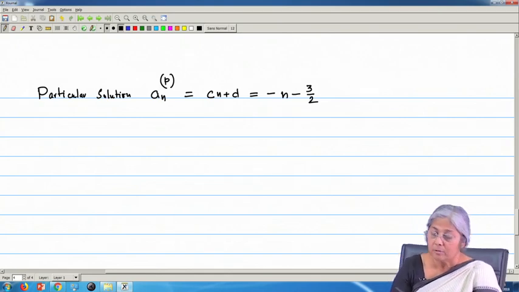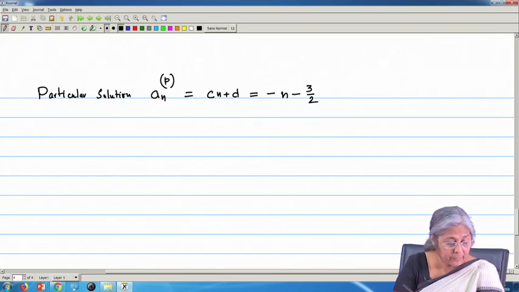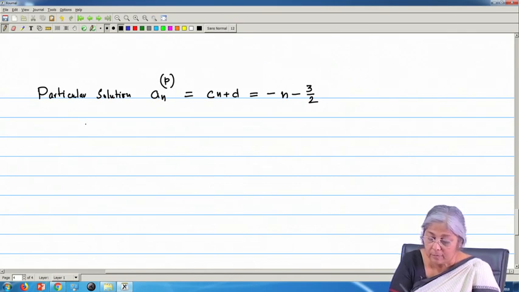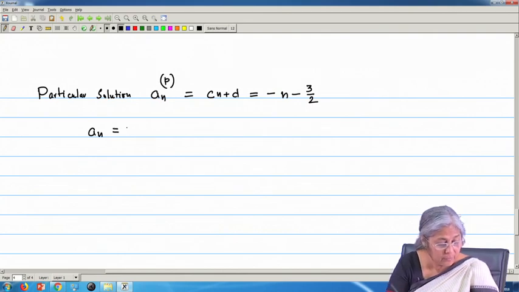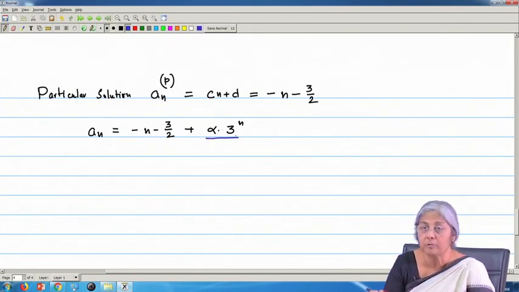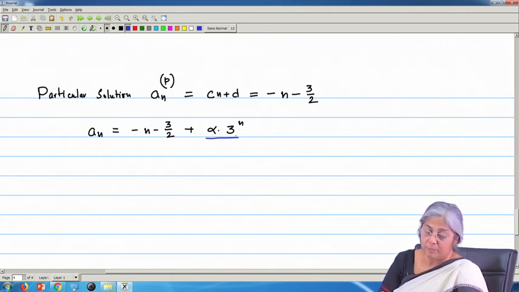Now we have to find the total solution. The solution a n is minus n minus 3 by 2 plus alpha 3 to the power n, because alpha 3 to the power n was my solution for the linear homogeneous part.